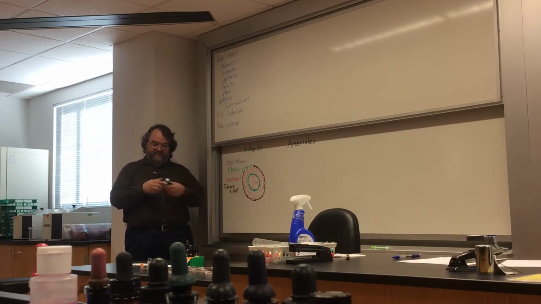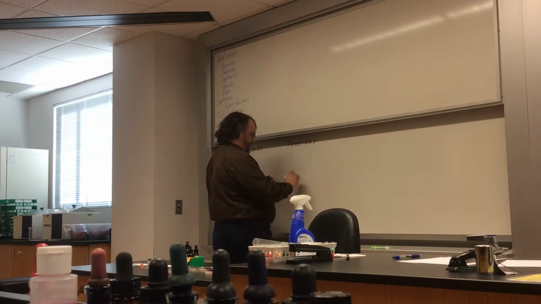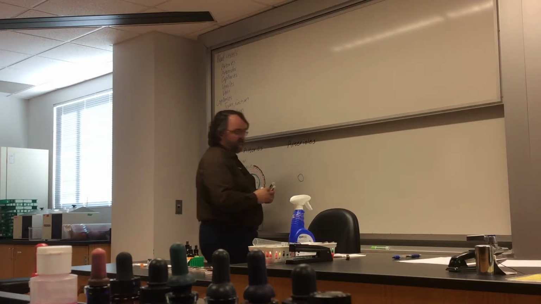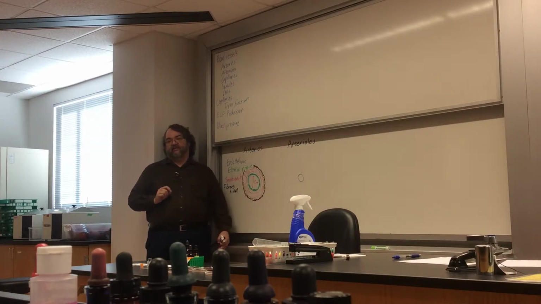Now, like all blood vessels, what's the innermost layer of an arteriole? Endothelium. And while this endothelium does have a basal lamina, it doesn't have nearly as much elastic fiber as an artery does, to the point where we don't really talk about a separate layer of elastic tissue.